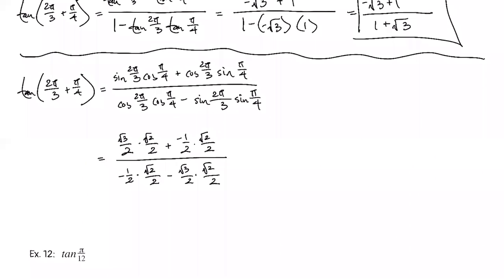Okay. I know this looks bad, but it actually gets a lot better, a lot faster from here. Our numerator is going to go to root 6 minus root 2 over 4. Our denominator is going to go to negative root 2 minus root 6 over 4.